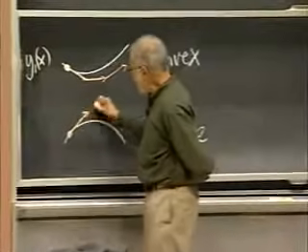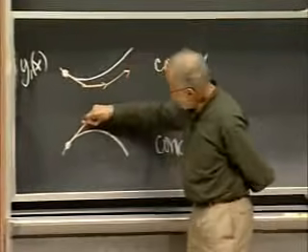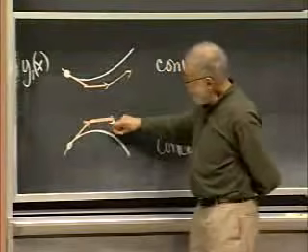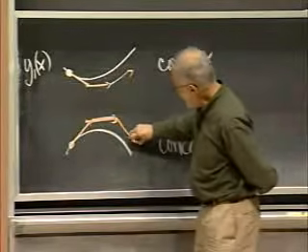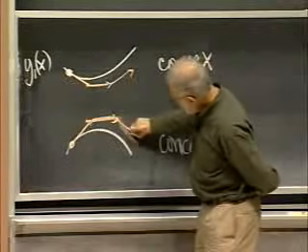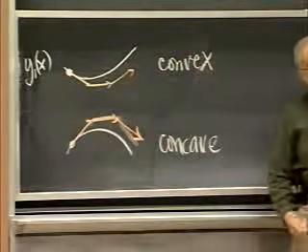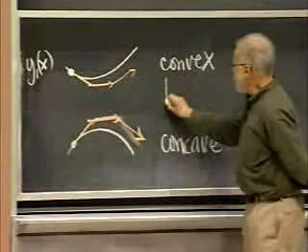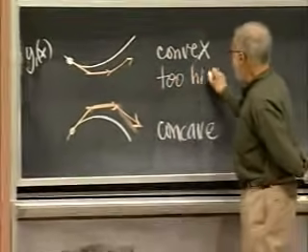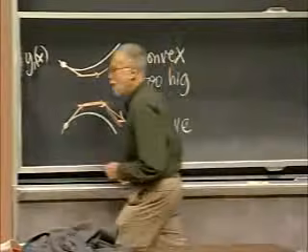Now it's too high, and it's not going to be able to correct that as long as the solution curve stays concave. Well, that's probably too optimistic. It's probably more like this. So in other words, in this case, if the curve is convex, the Euler is going to be too low.